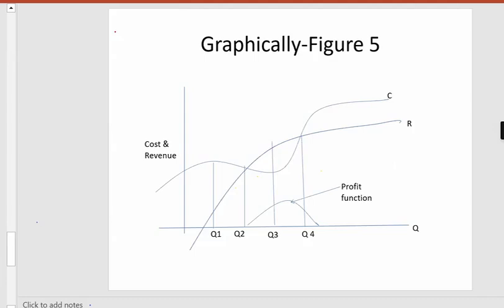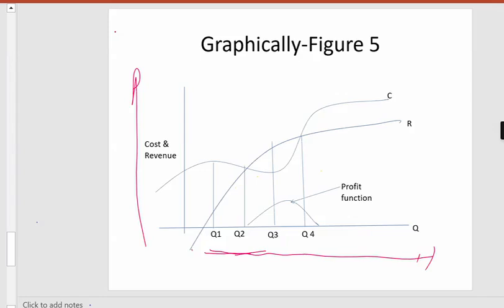You see this curve here? You can produce at Q1, Q3, Q4, etc., right? But there is this curve here. This curve shows both cost and revenue.